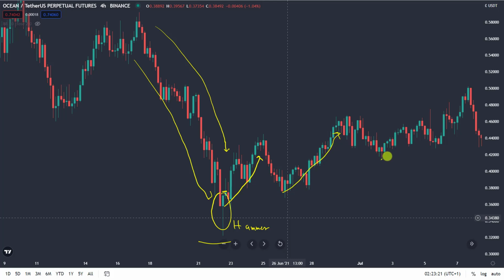Little retracement and it went up again. So we can see that this hammer has reversed the downtrend we had previously, and it has formed at the end of the downtrend.